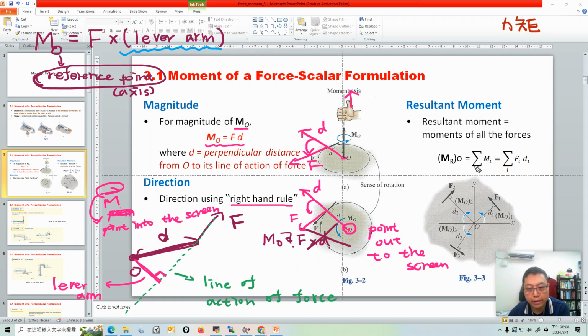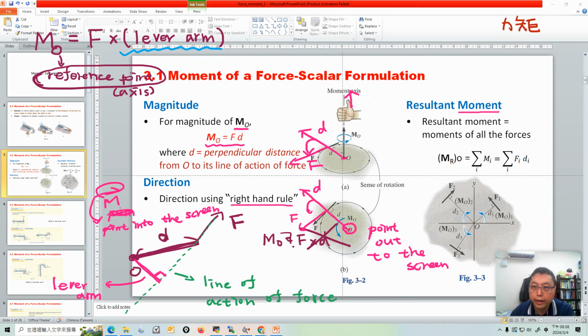Because moment is a vector, when you sum all the moment vectors it is called the resultant moment, just like the sum of all your force vectors is called the resultant force. I don't need to explain this that much.